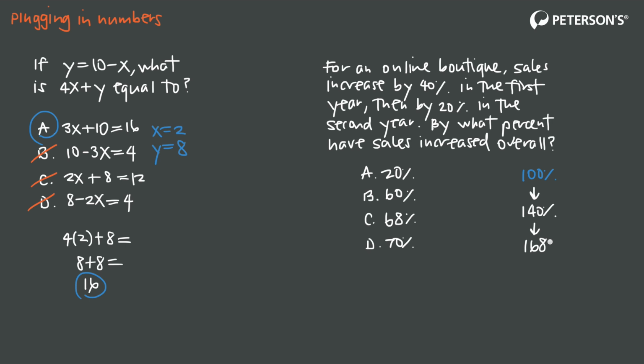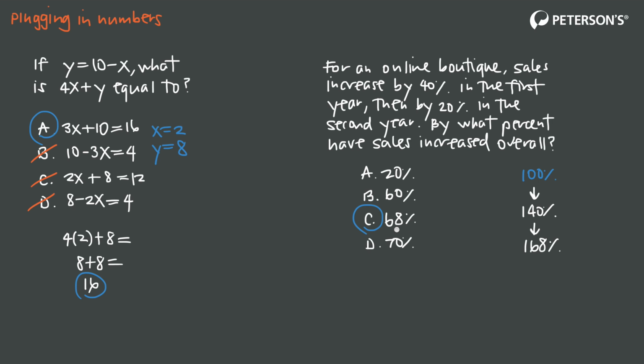So at the end of the second year, sales are now 168% of what they were originally. So the question is, by what percent have sales increased overall? Well, to get from 100% to 168%, sales have to have increased by 68%. And so we can go to the correct answer right away.